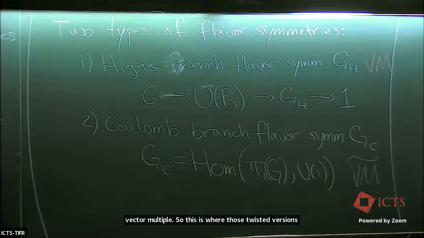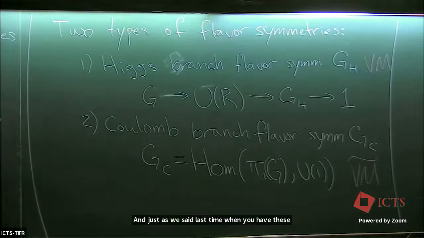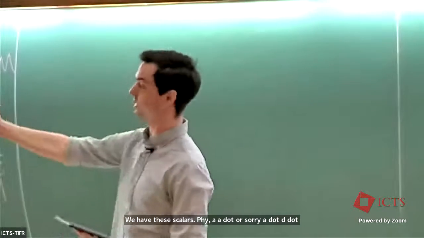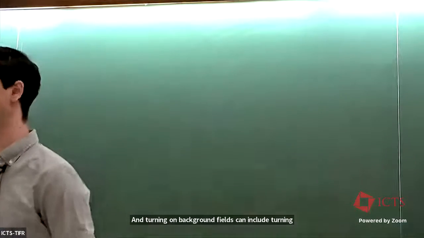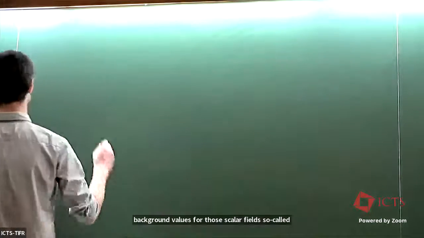And just as we said last time, when you have these flavor symmetries, you can turn on background fields for them. We have these scalars phi_{ȧḃ}. And turning on background fields can include turning on background values for those scalar fields, so-called twisted masses, as we saw last time.